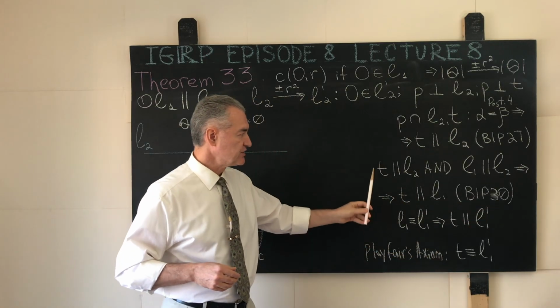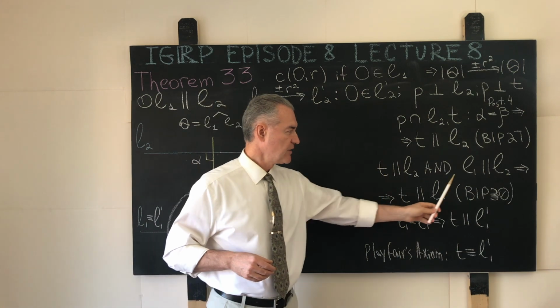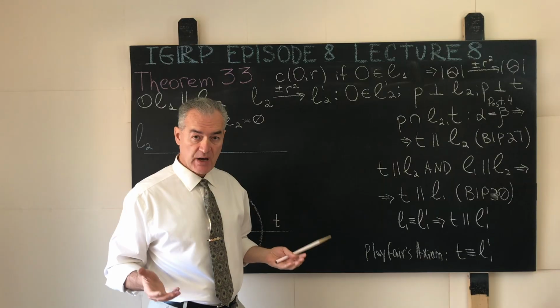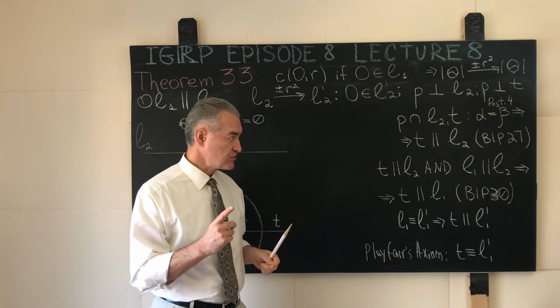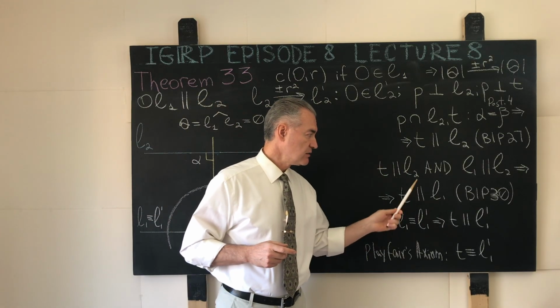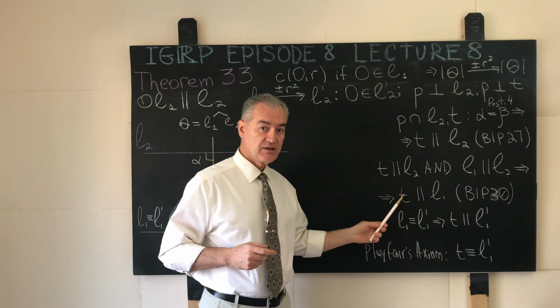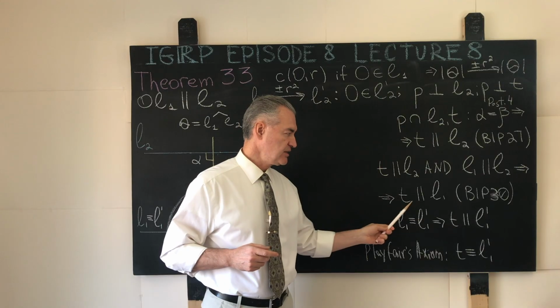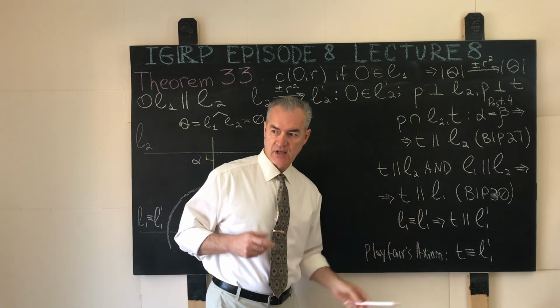We have two distinct straight lines, T and L1. We prove that they're both parallel to one and the same straight line L2, and that means these two straight lines are parallel themselves. In other words, the straight line T is parallel to the straight line L1.